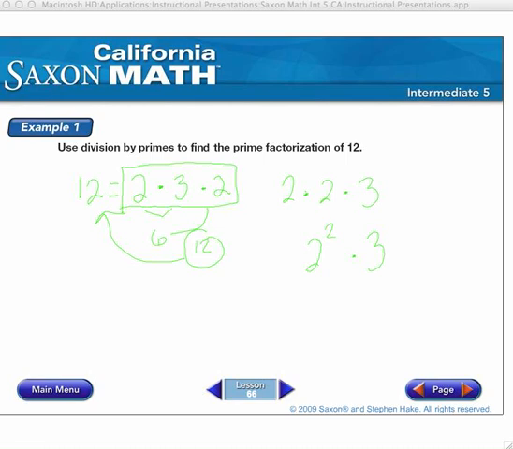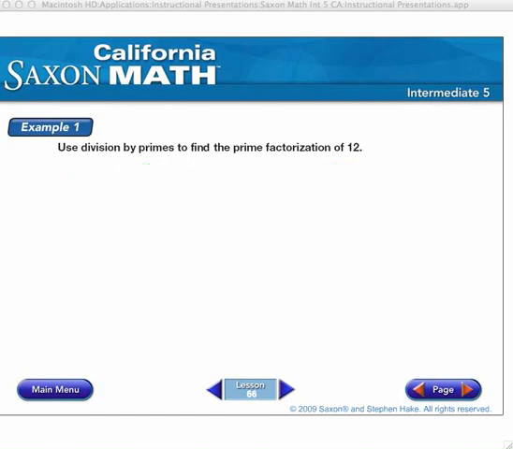But now let's back up and figure out how we find these numbers. This is what I'm looking for right here. The first way, the method in this video, is through division of primes.